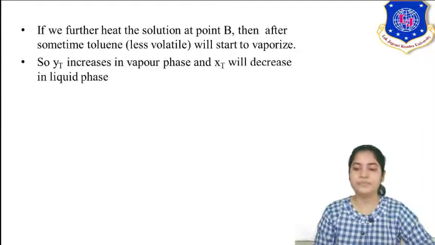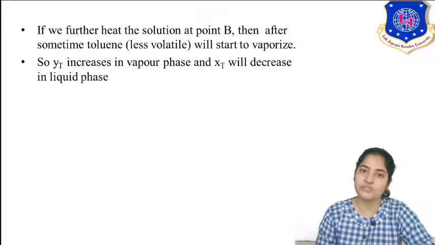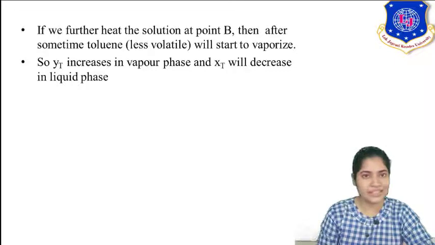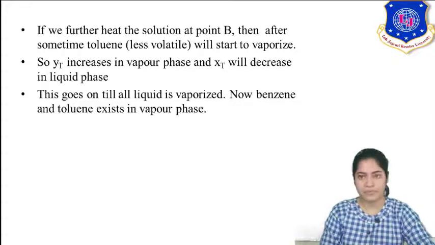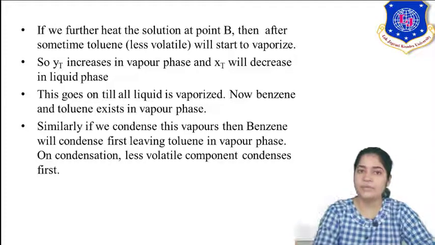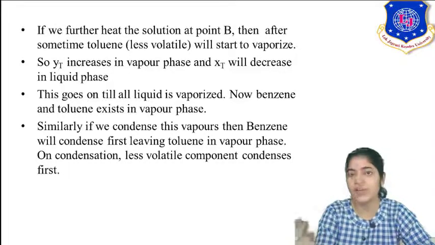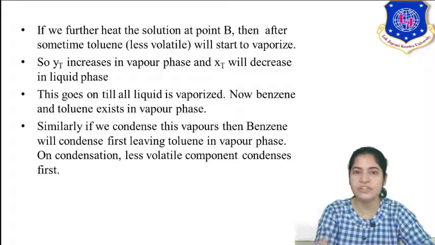So now in my vapor phase the concentration of toluene is increasing, and the concentration of toluene in liquid is decreasing. This goes on till all the liquid is vaporized. So now benzene and toluene exist in vapor phase. So that was about converting liquid into the vapor phase: how initially the more volatile component vaporizes, followed by the less volatile component, which was toluene. This way the process goes on.